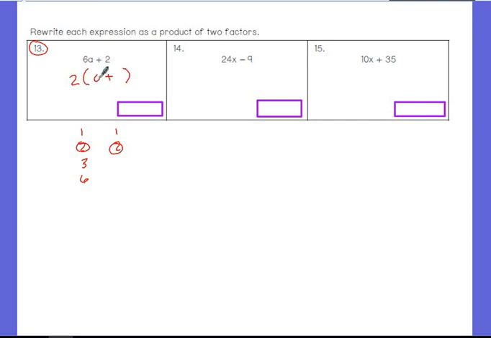I know a's got to be here. I don't know if a number's got to be here. 2 times what gives me a 6a? Well, to make a 6, it has to be a 3. So 2 times 3a gives me 6a, so that works. 2 times what gives me a 2 here? 2 times 1 gives me 2, so that works. There's my answer.